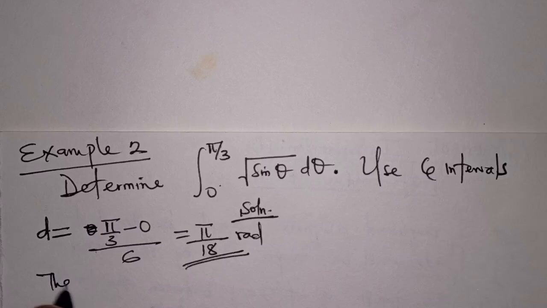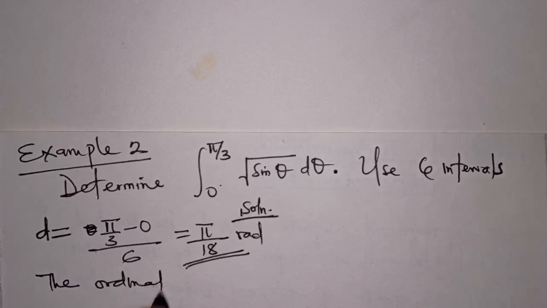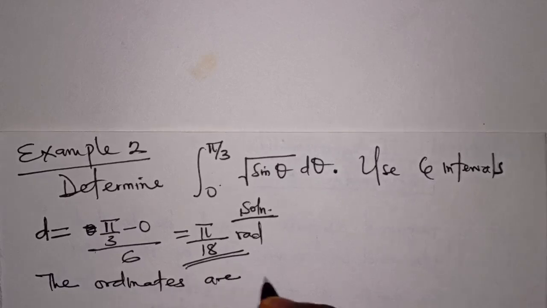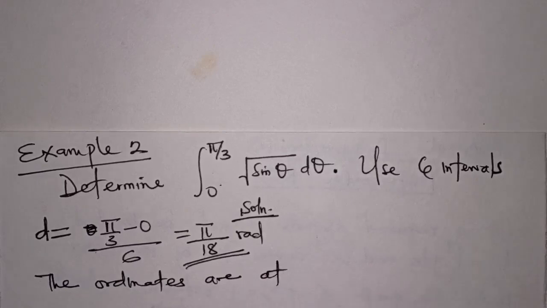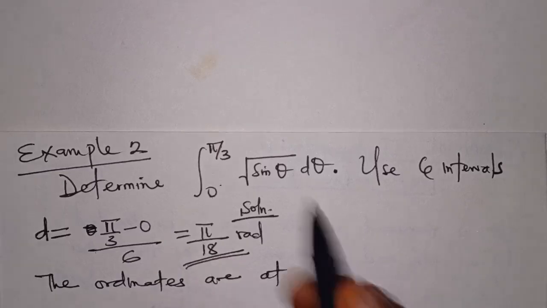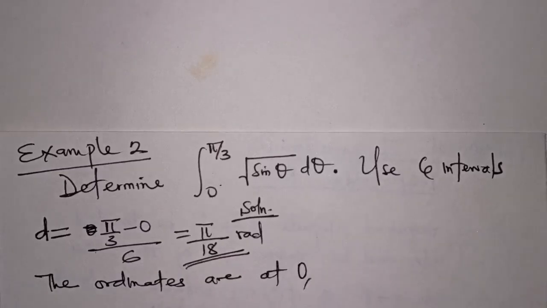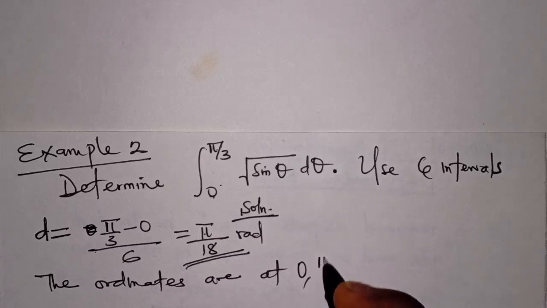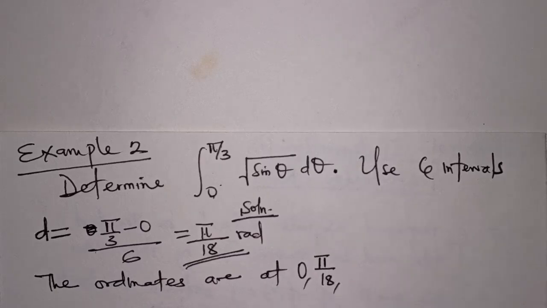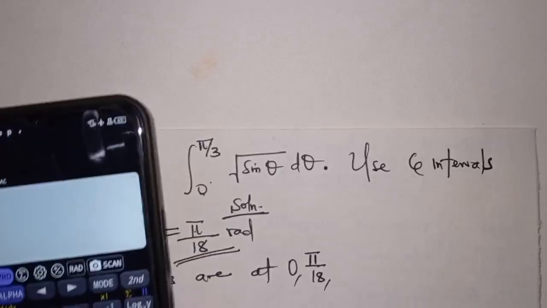So the ordinates are at, we're using 6 intervals, so we're going to have 7 ordinates. 0, the first one. Add pi over 18 to 0, that will be pi over 18 as well. Then add pi over 18 to pi over 18. I think my calculator can do this for me.